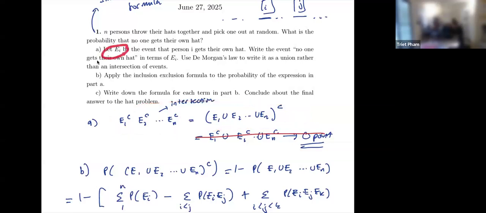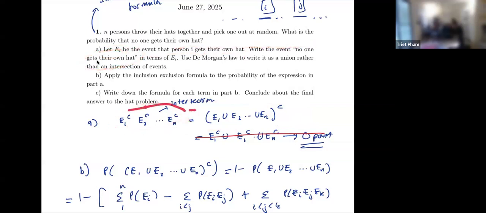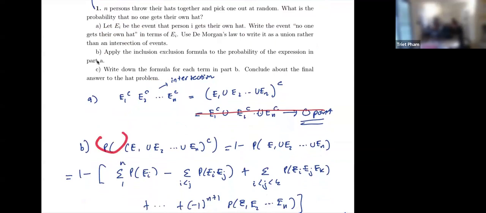If you let E_i be the event that the ith person gets their own hat, then the event that no one gets their own hat will be the intersection of all E_i complements. Then you would use De Morgan's law to turn that into the complement of the union. And then the complement rule says that the probability of the complement is 1 minus the probability of the event itself.